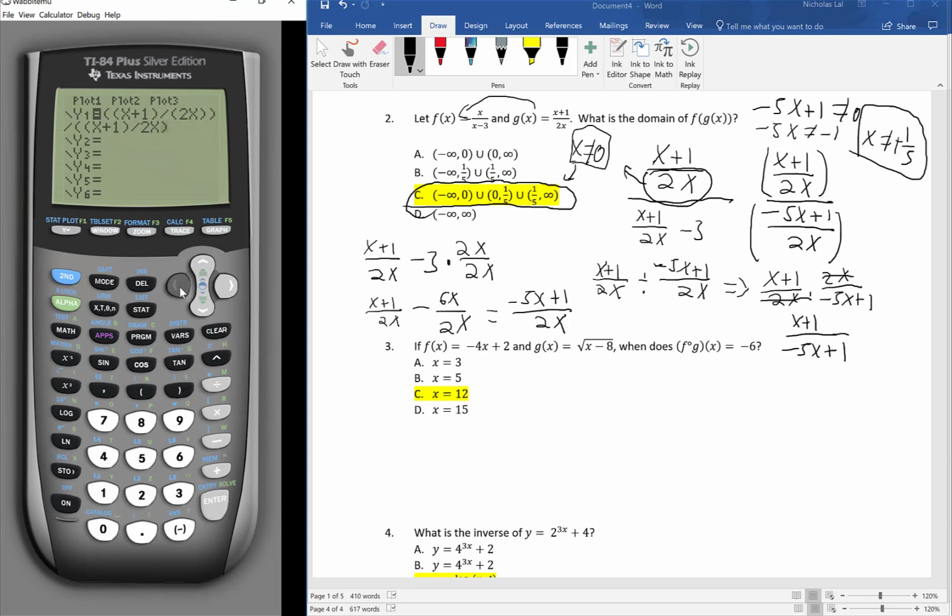I should do a second parentheses here. Divided by x plus 1 divided by 2x. All right. And then that's all minus 3.